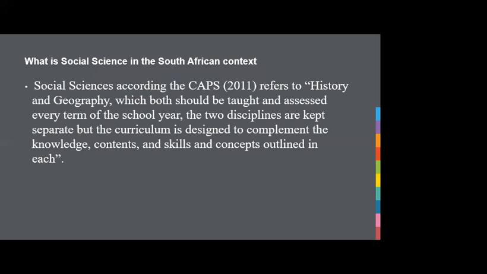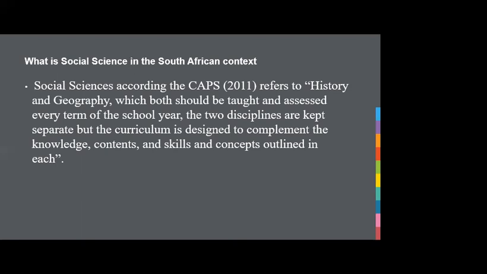So what this in essence means is that the social science curriculum is designed in such a way that history and geography have complementing topics, and they are built up in such a way that in the senior phase, grades 7, 8, and 9, these topics complement each other, and even the outcomes of skills match each other for history and geography.